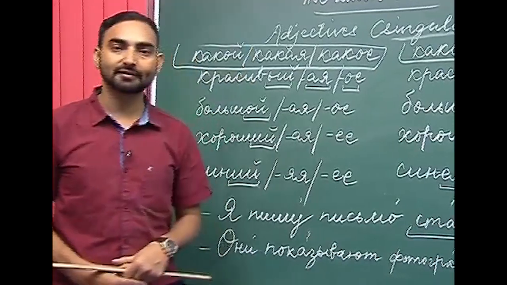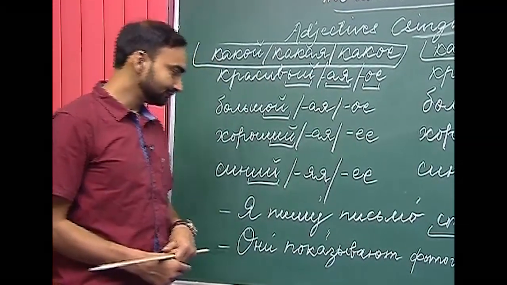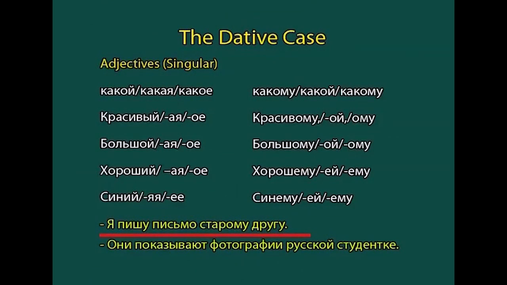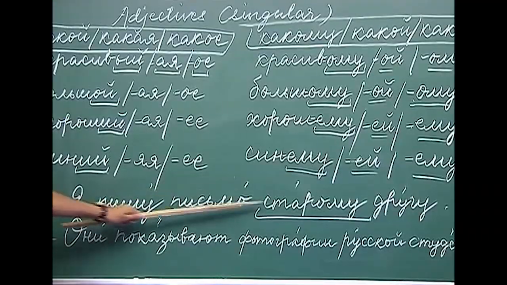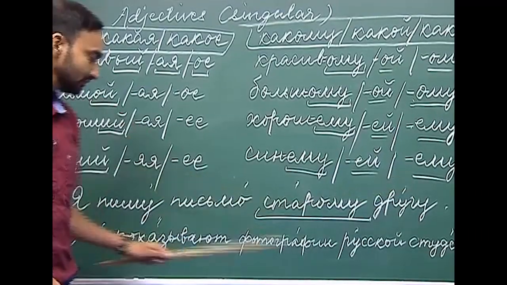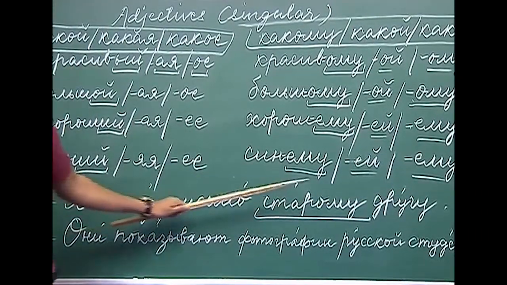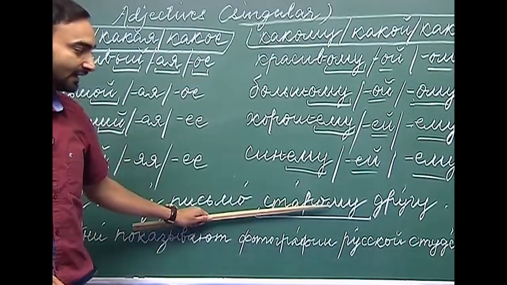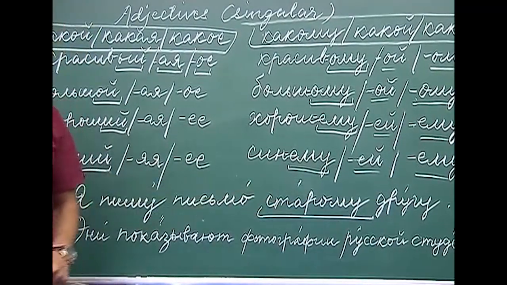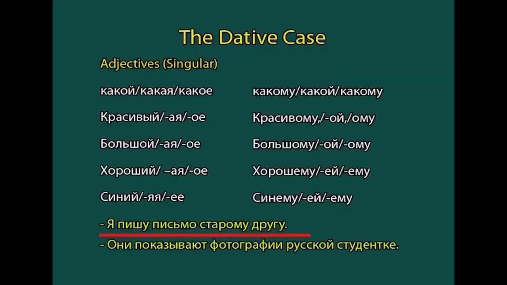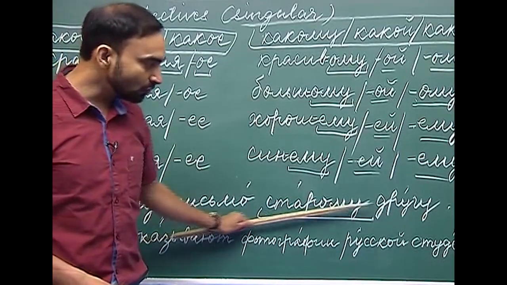Now let us look at some of the examples. Ya pishu pismo staromu drugu. So, I am writing a letter to an old friend. Staryi is old and drug you already know, friend. Here, as you can see, the question is kakomu drugu.